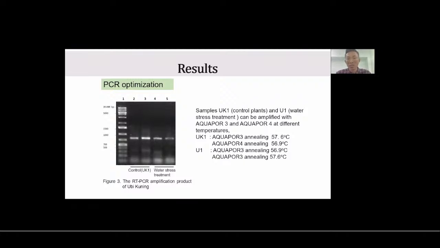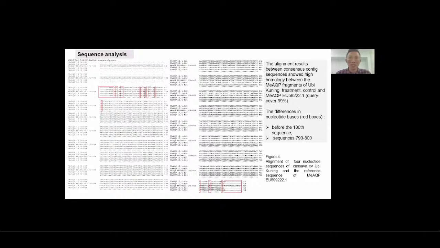UK1 used Aquafor 3 and Aquafor 4, and U1 used Aquafor 3 and Aquafor 4, with annealing temperatures of 56.9 degrees Celsius and 57.6 degrees Celsius.